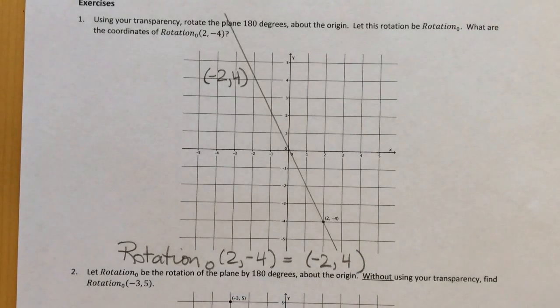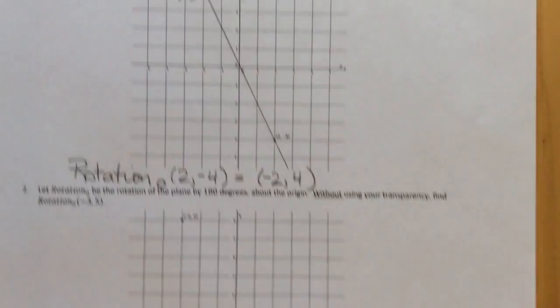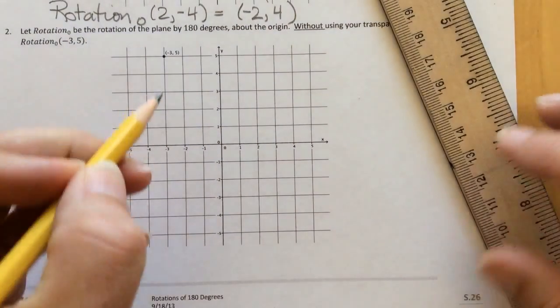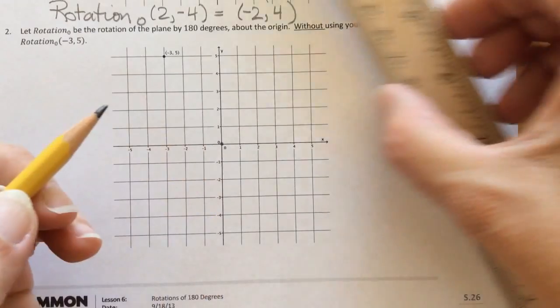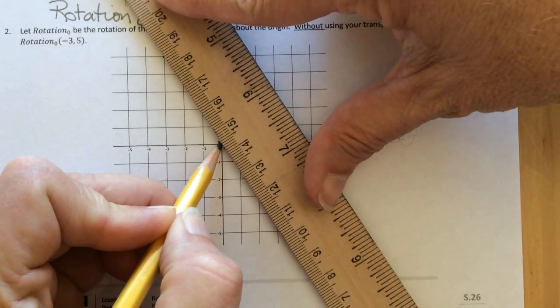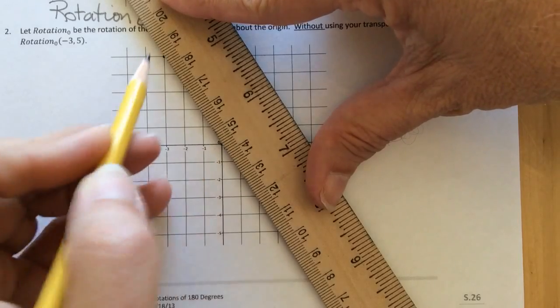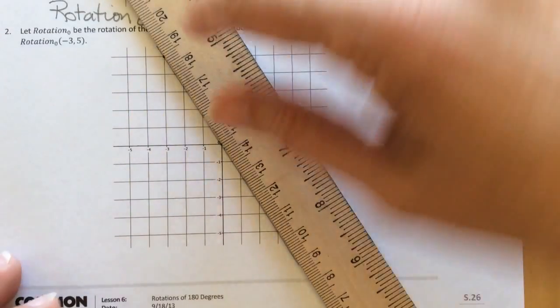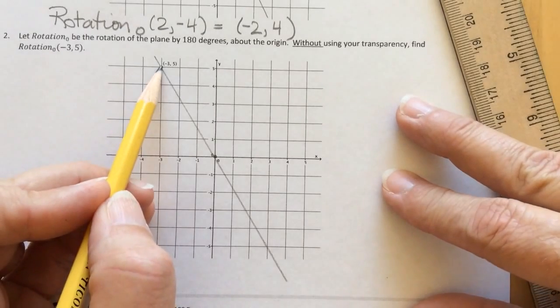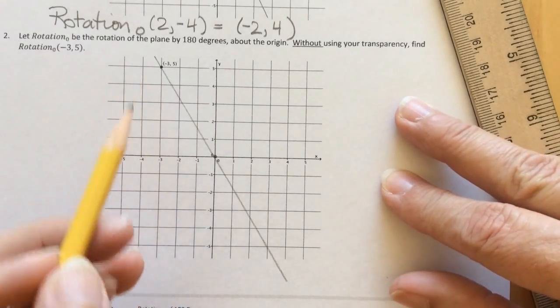Okay, in exercise 2, we're given a point again. The center of rotation is the origin. I'm still going to draw my line through the point and the origin and beyond. So I know that the rotation is going to lie on this line.